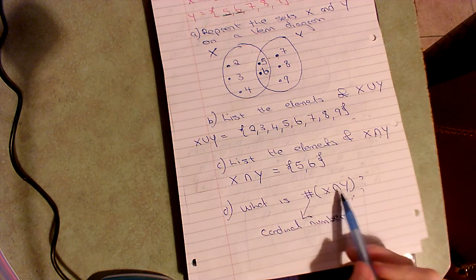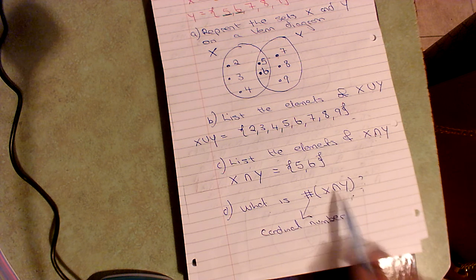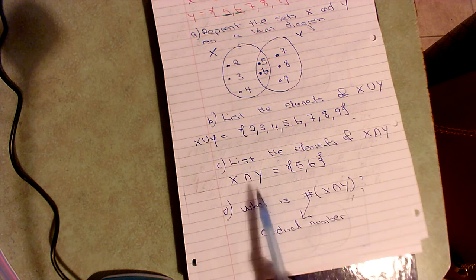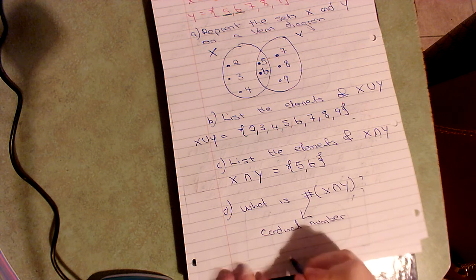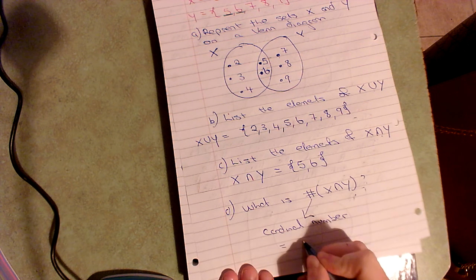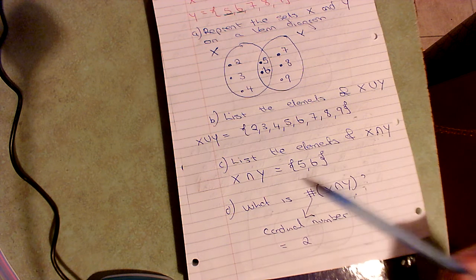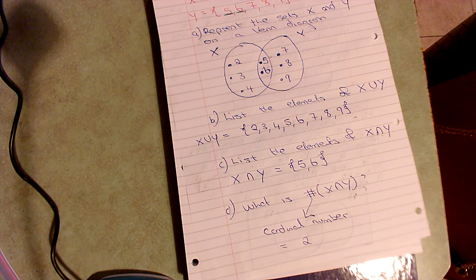X n Y, so the n there stands for intersection. So intersection is the middle part, and we've just answered that. So what is the cardinal number of X intersection Y? So my middle part, my cardinal number is just 2, because there's 2 elements in that set, 1, 2, and we have it here. So that's the example done out.